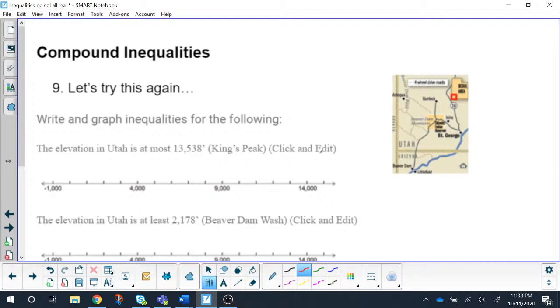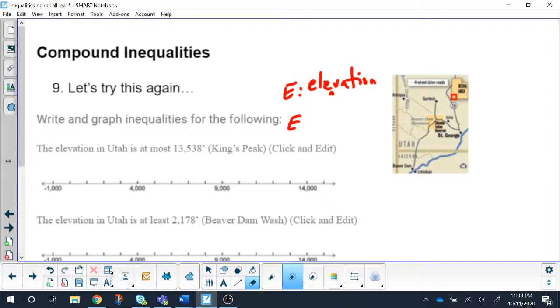And so what we said there was, if I let E be our elevation, and it's always good to define the variable and how we're measuring it: elevation in feet.